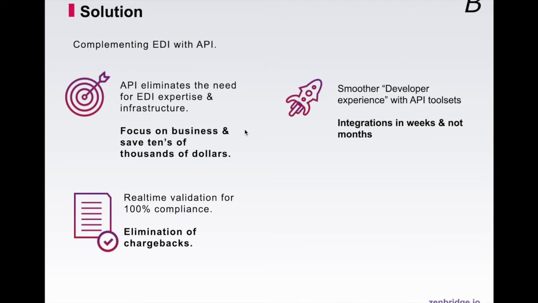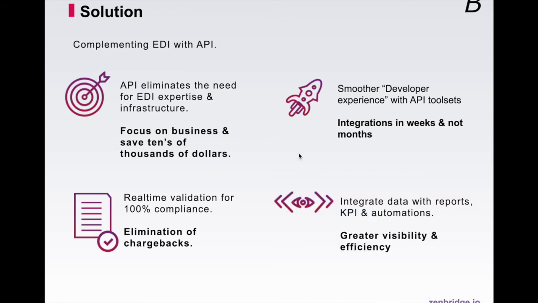And then they would in turn get back to you with another EDI file that notifies you of all the issues. So this does result in a lot of disagreements and chargebacks, and a lot of time and effort is lost in just debugging and course correcting. With API, you would know in real time that you are sending a non-compliant request and it gets rejected by the API server. So it does save a lot of time, and especially in the case of retail and supermarkets, it results in elimination of chargebacks.